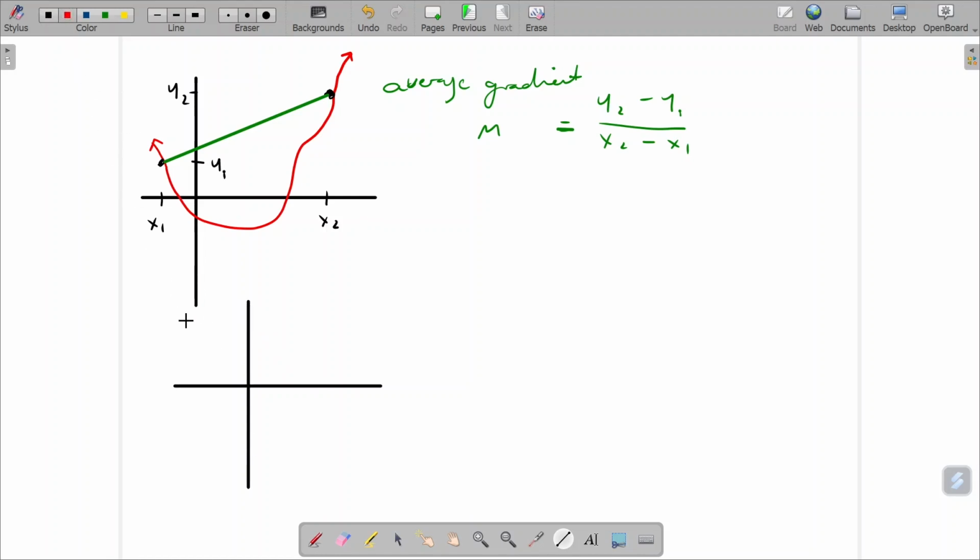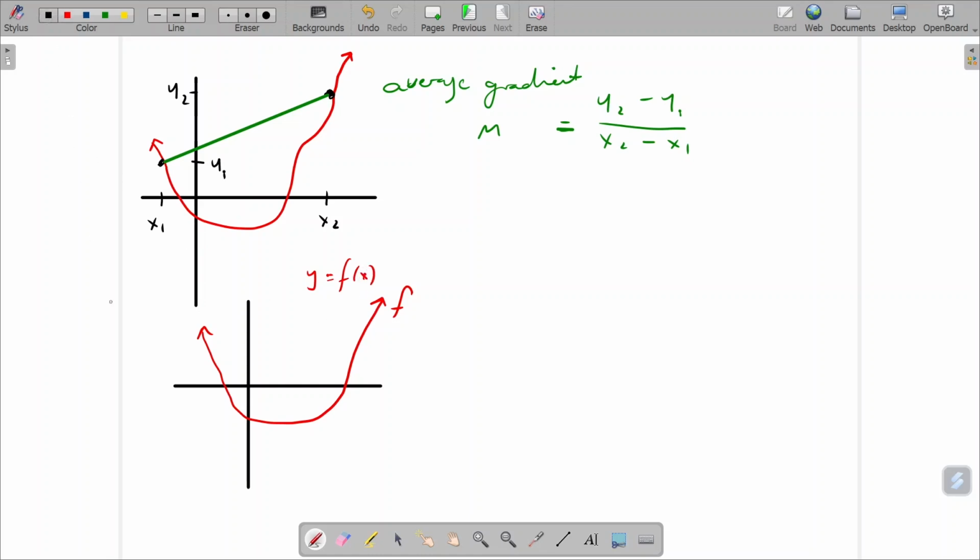And so if this is now my curve, such that I have the red line doing something along those lines, this time I'm going to call it f. In other words, y equals f of x.